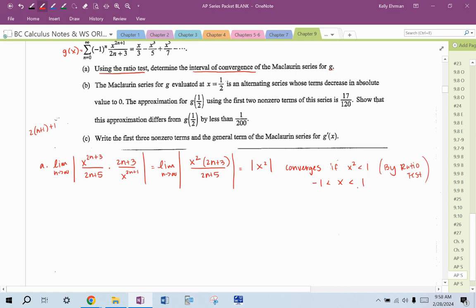We need to test the endpoints, and you do have to show the series that you're testing. It's a good idea to simplify it. So if x equals -1, then we would have the series from 0 to infinity of, there's a -1 to the n there, then it's going to be -1 to the 2n plus 1 over 2n plus 3. You need to work on this to prove that it's alternating or not.